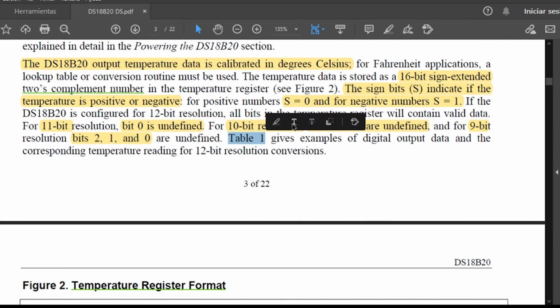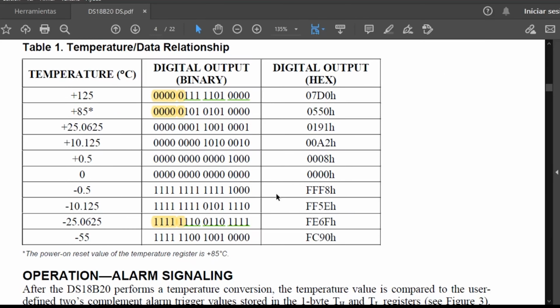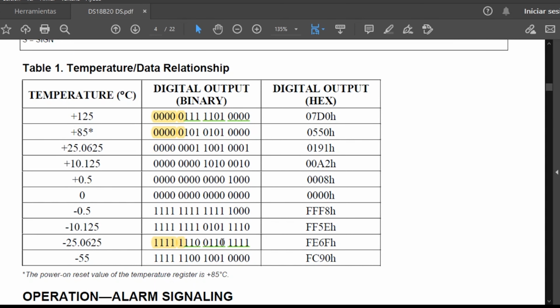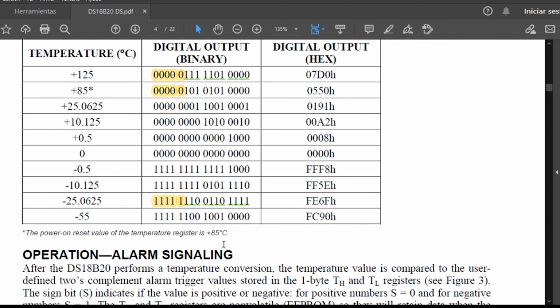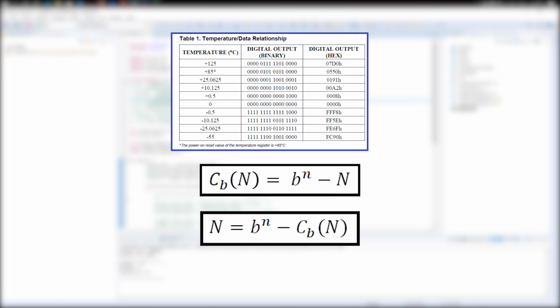The nibble at the right is meant to represent the decimal section of the number, and the 5 bits at the left are meant to represent the sign of the number. So we know that the two's complement representation is useful for negative values and is given by this formula.